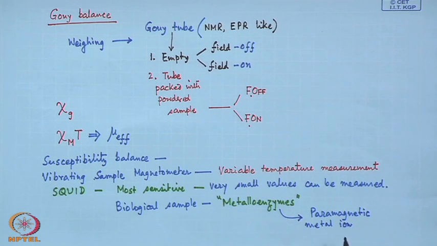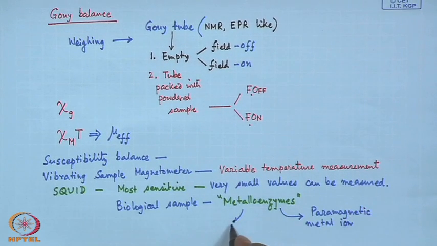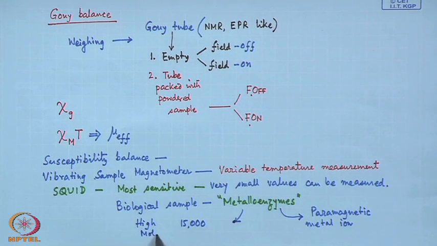So, how to detect that paramagnetism, because these metalloenzymes have a molecular weight of several thousand, say 15,000, so several kilodaltons. So, they have a high molecular weight with say one metal ion which is paramagnetic.